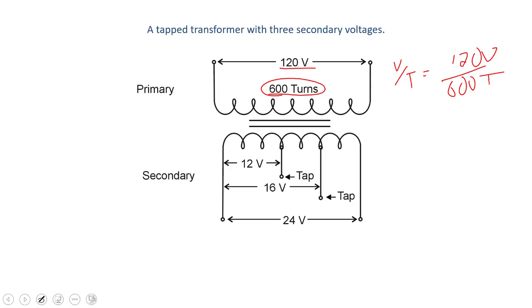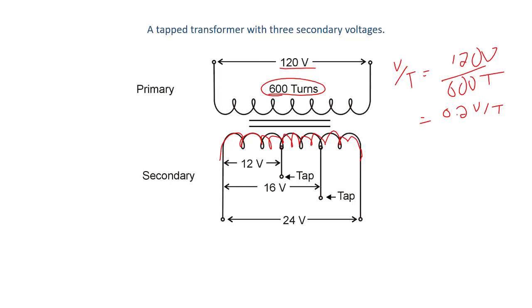Now, what does that come to? 120 over 600 is 0.2 volts for every one turn. So that's where it's established right there. How many volts per turn? Now in the secondary, this is called a multi-tap transformer. Here's our winding. It goes all the way from one end to the other.